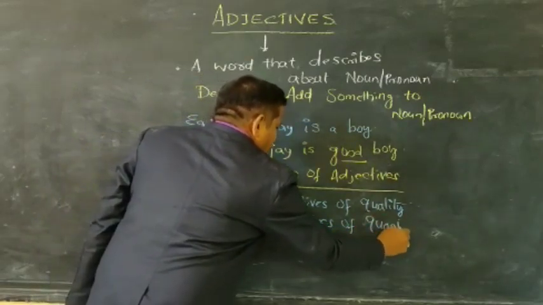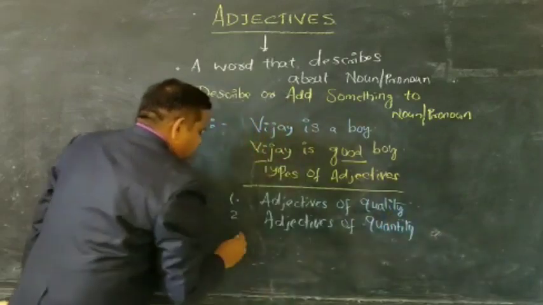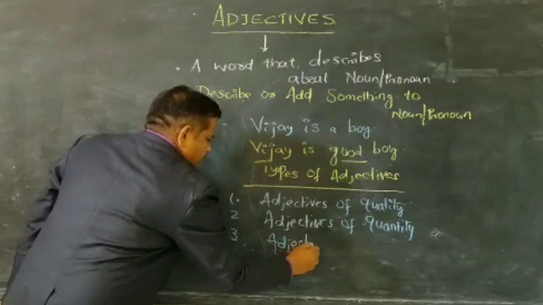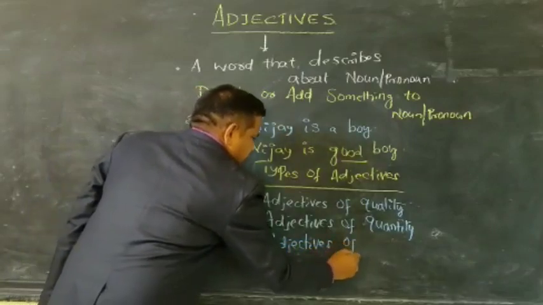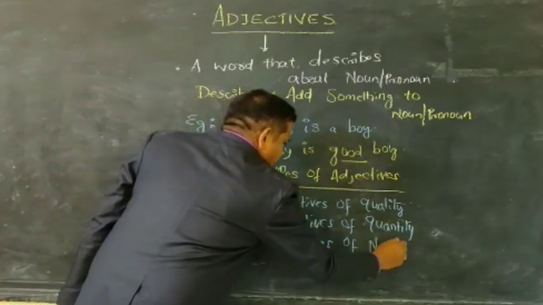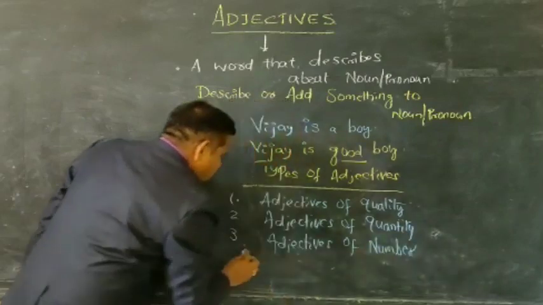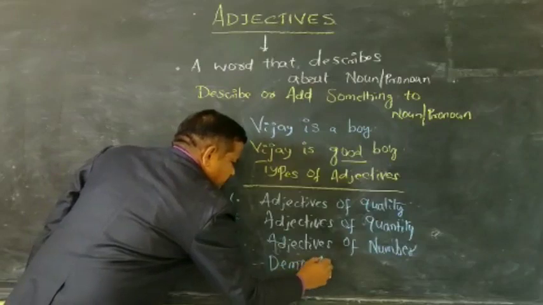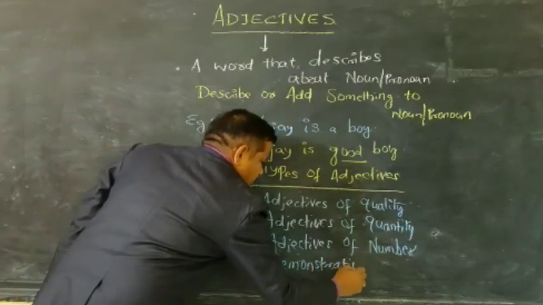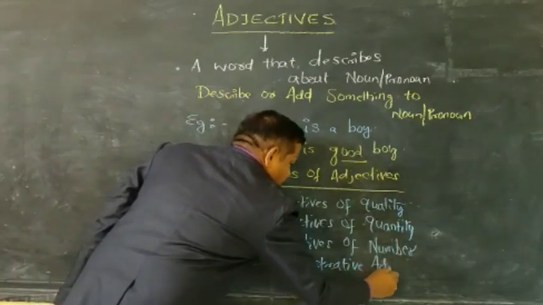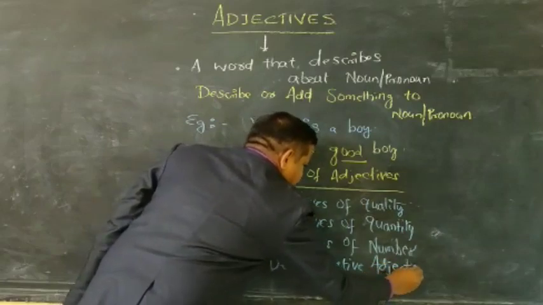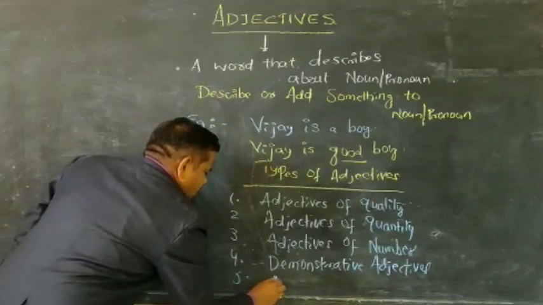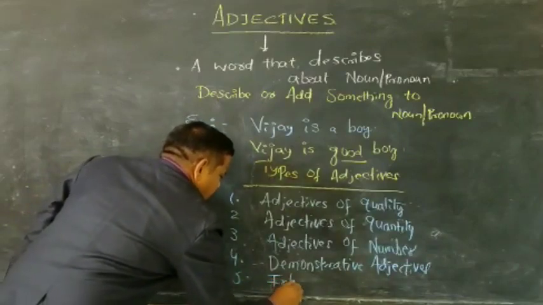The third is adjectives of numbers. Fourth is demonstrative adjectives. Fifth is interrogative adjectives.